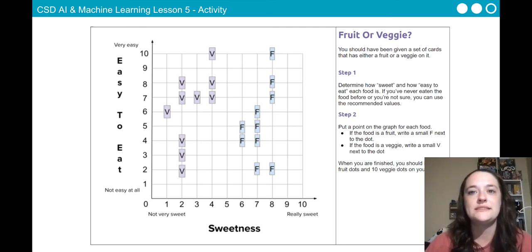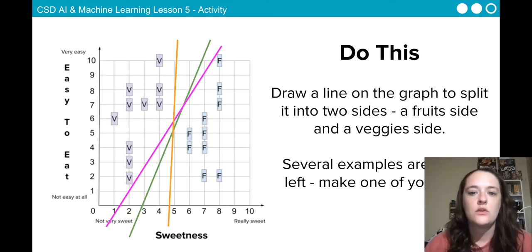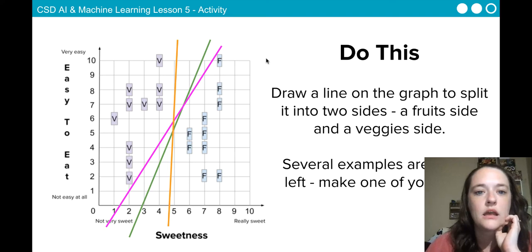So we need to make a decision. How can we divide our graph into a fruit side or a veggie side? One way we could do it, we see this clear division right here. So we could say this, like down the sweetness level. We could say, take it from this, on the pink line, sweetness and ease.